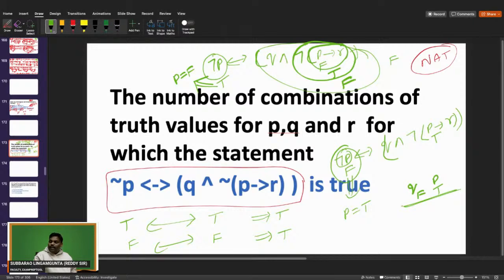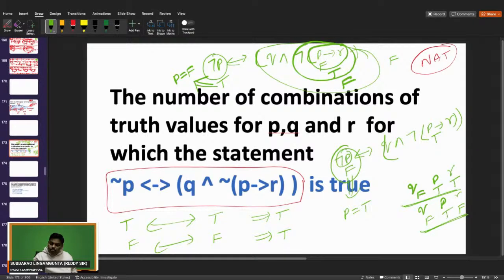R may be true, R may be false also, because Q is already false. What other options do you have?